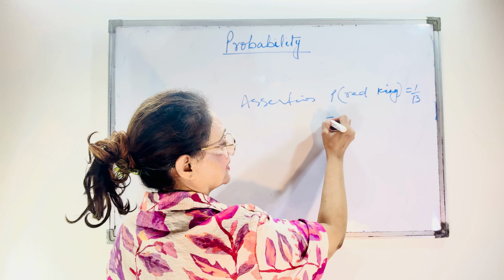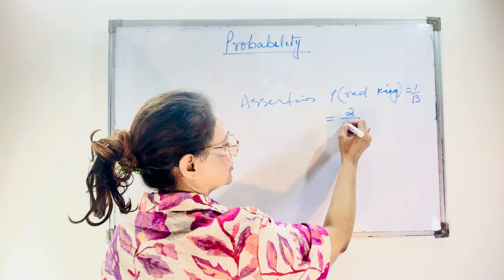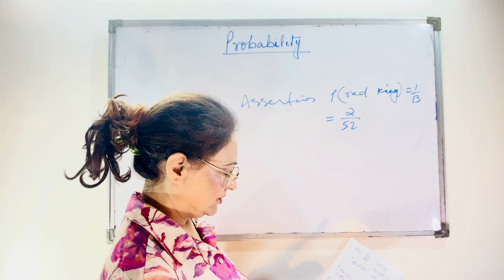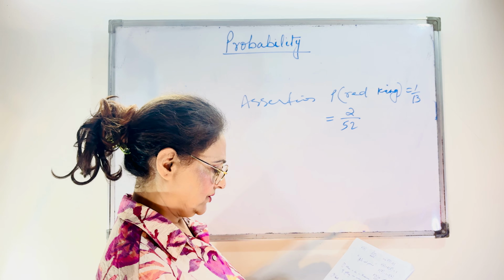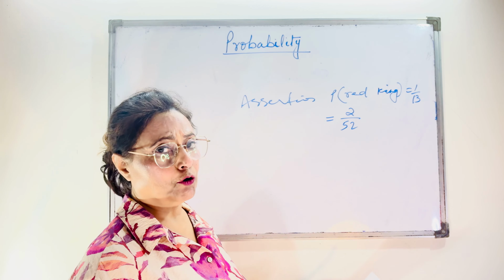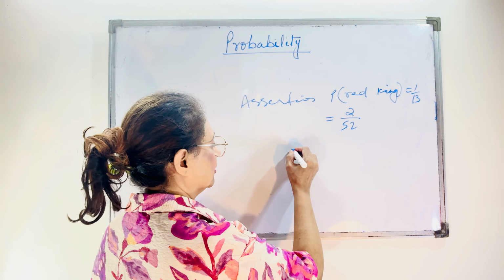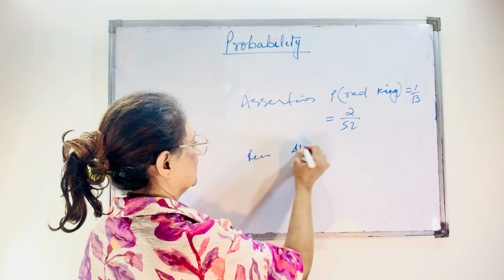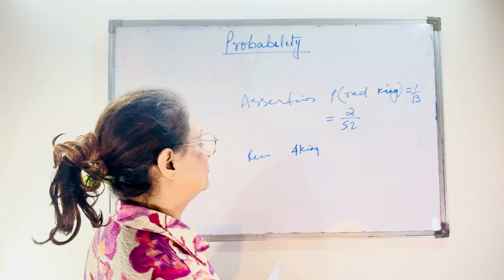Is it correct? There are 2 red kings, so 2 by 52, which is not 1 by 13. The assertion itself is wrong. The reason given is, in a deck of cards, there are 4 kings. That is true. So the reason is true, but the assertion is false.